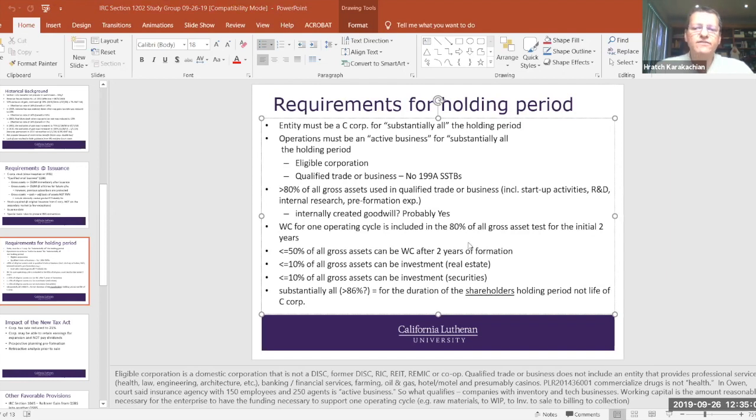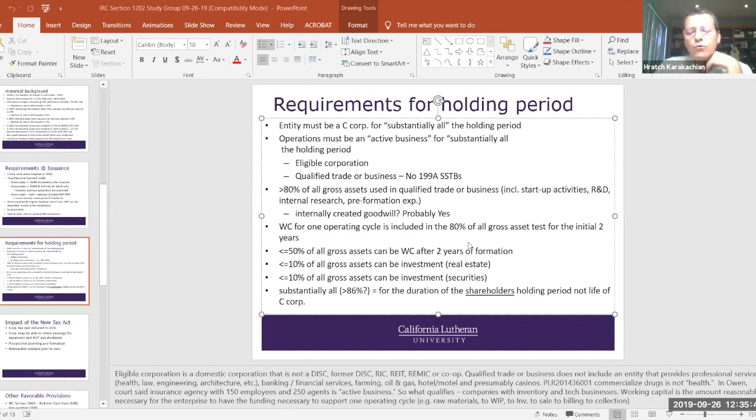What does not qualify as a trade or business for purposes of 1202 is lawyers, accountants, doctors, chiropractors, engineers, architects, the individuals that require a professional license and are providing professional services. Also, banking and financial services don't qualify. Farming doesn't qualify. Oil and gas doesn't qualify. Operation of a hotel or a motel does not qualify.